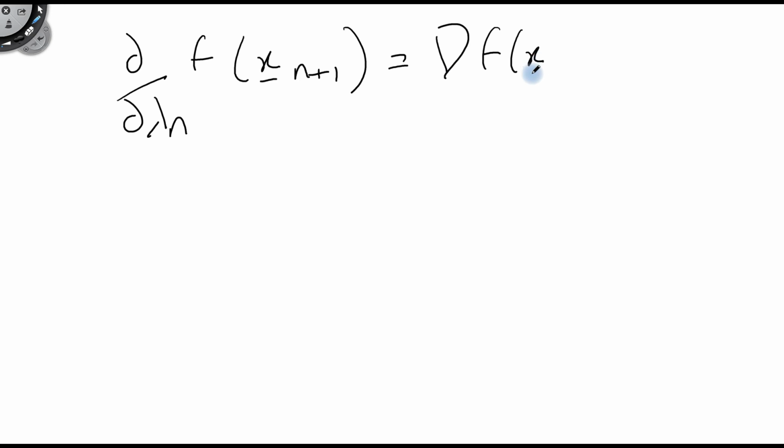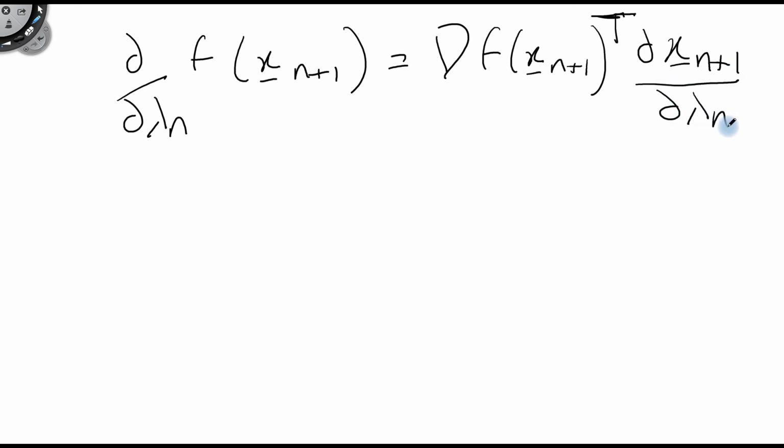So we've got d by d lambda n of our function at the end of the trajectory equals the gradient at the end of the trajectory, and that should be transposed, I think I lost that before, times partial x n plus 1. Because we're doing this quite generally for the moment, it seems a little bit more abstract, but it's the best way.